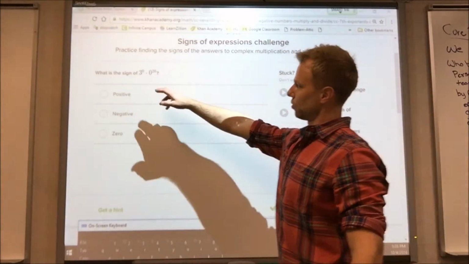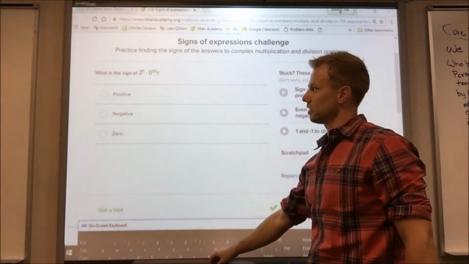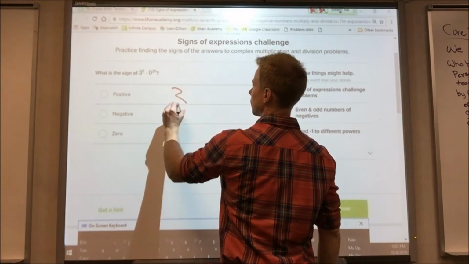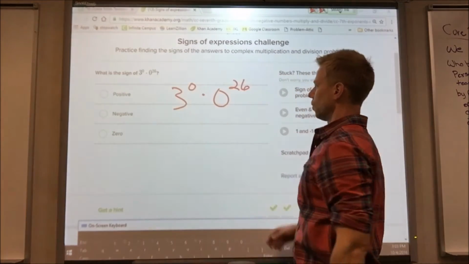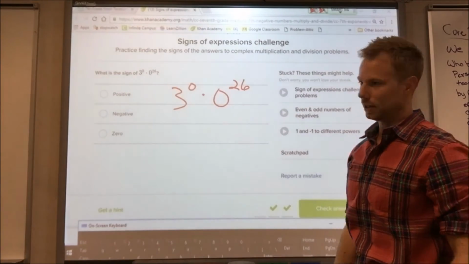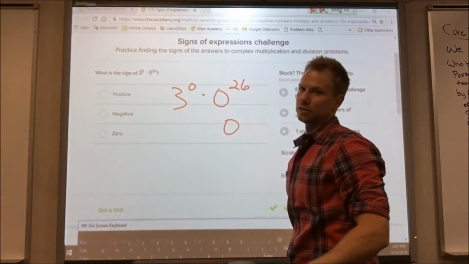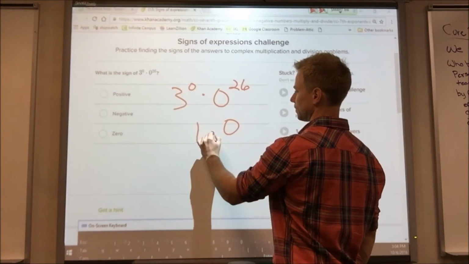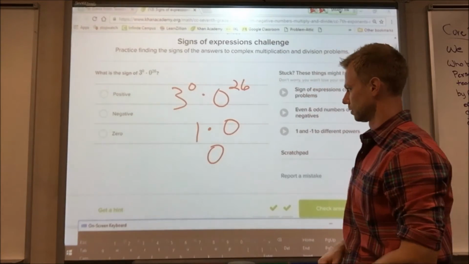Okay, what is the sign of 3 to the power of 0 times 0 to the power of 26? Well, 0 to the power of anything is 0. Any number to the power of 0 is 1. Anything times 0 is 0.